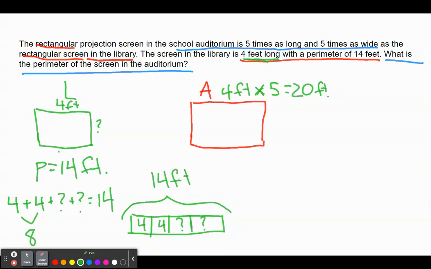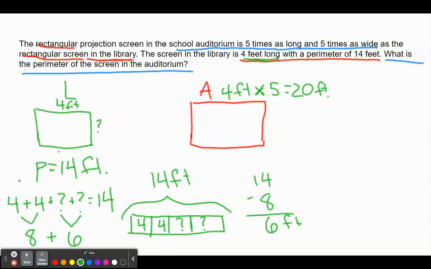If I take 14 and subtract 8, what is that going to give me? That is going to give me 6 feet, right? So I know this portion right here has to equal 6 feet. So 8 plus 6 is going to be 14.